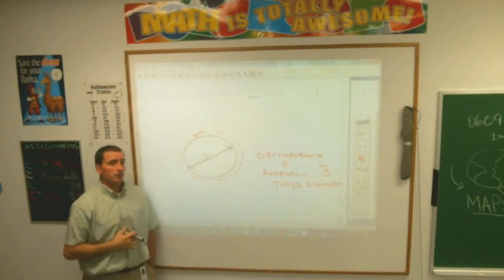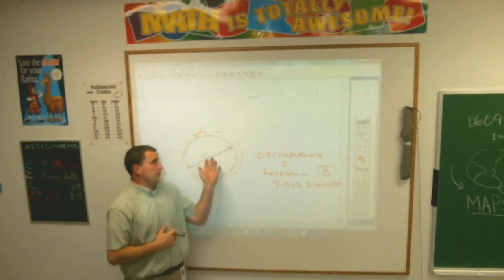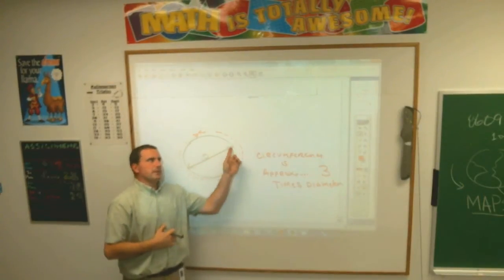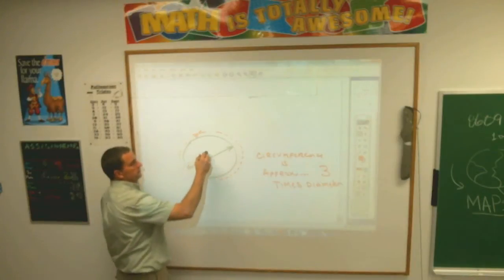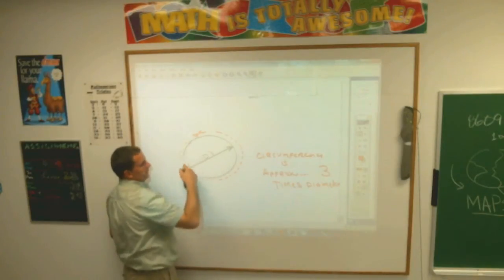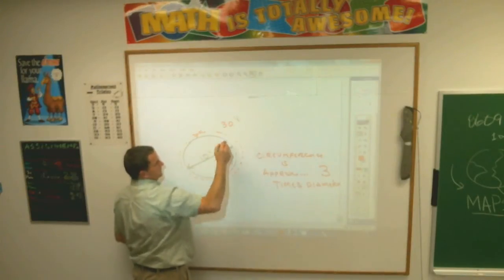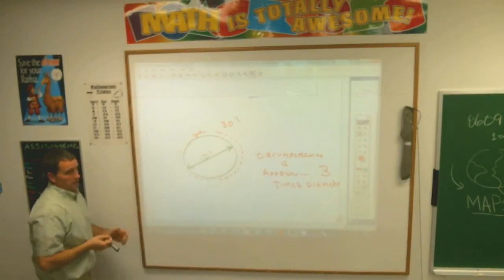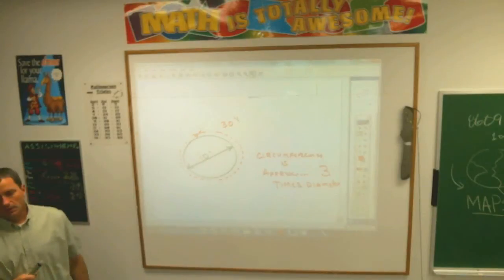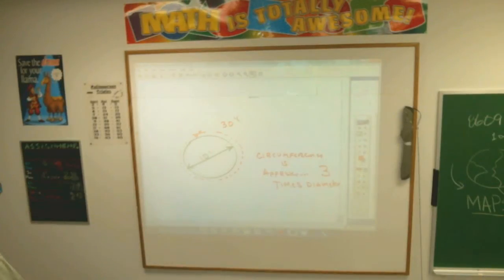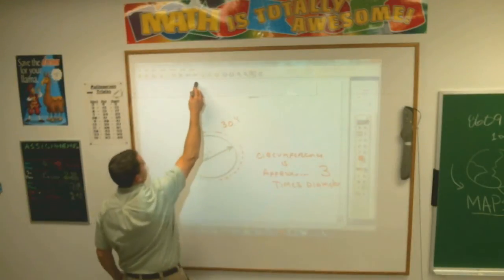In other words, if you know that the diameter is 10 inches, then the distance around whatever that 10-inch thing is going to be close to 30 inches. And it's good to know because if we're talking about the Earth, we know how far it is around the Earth.